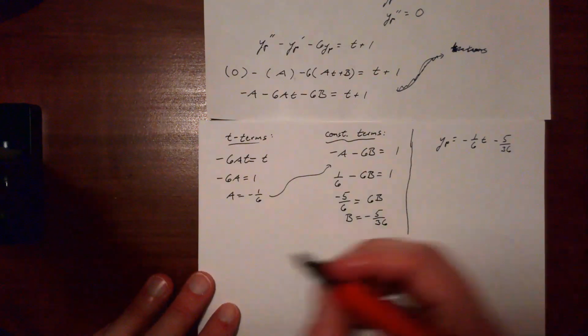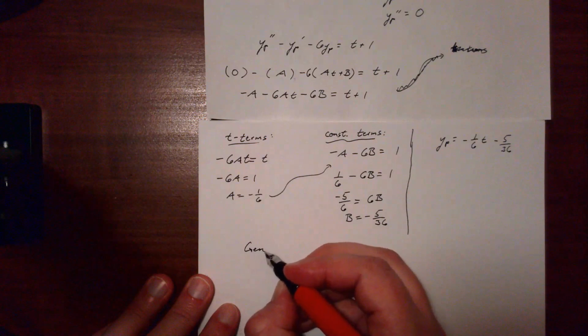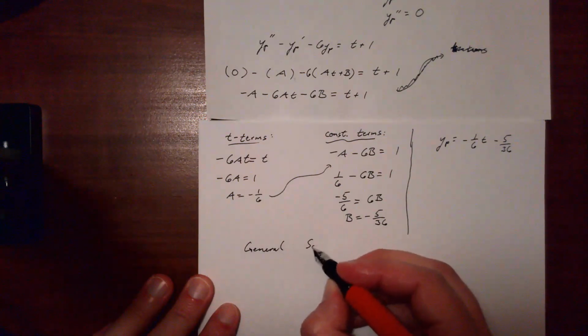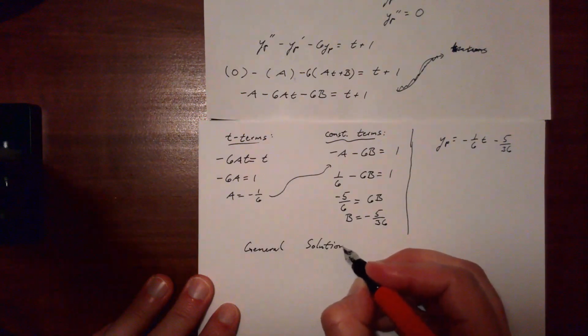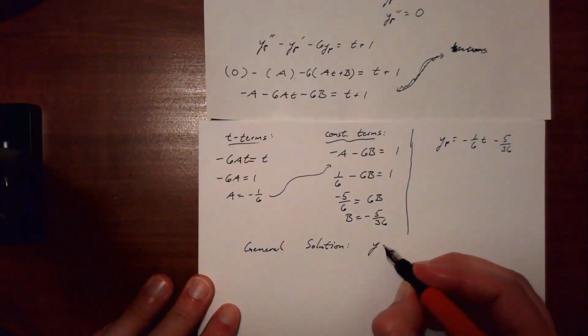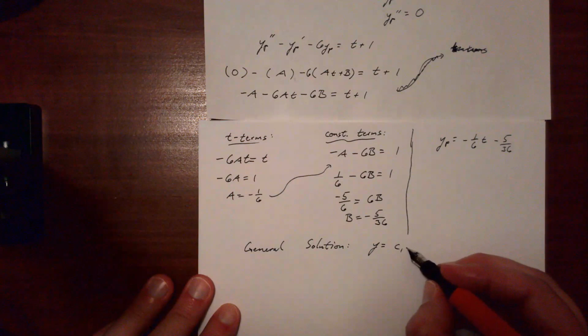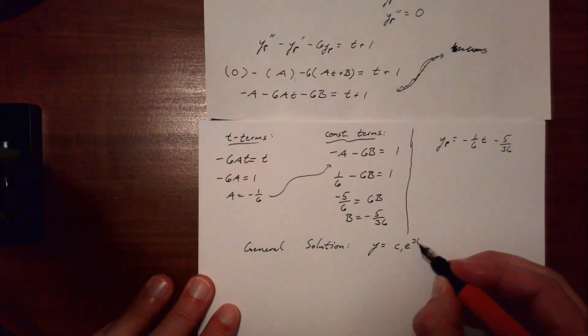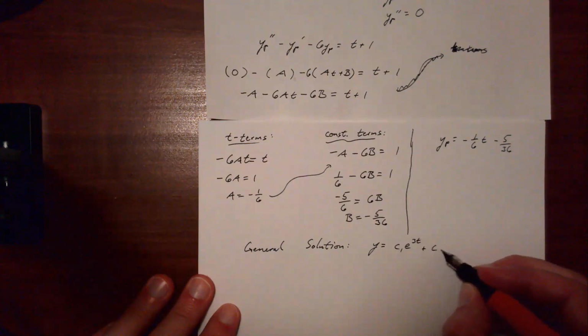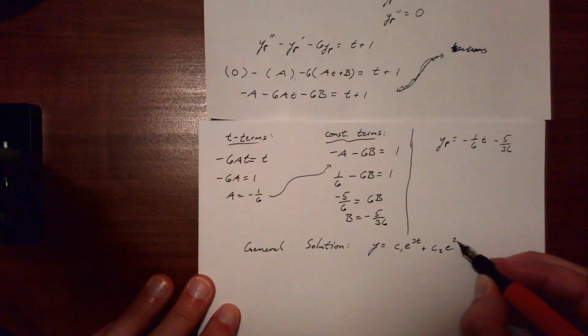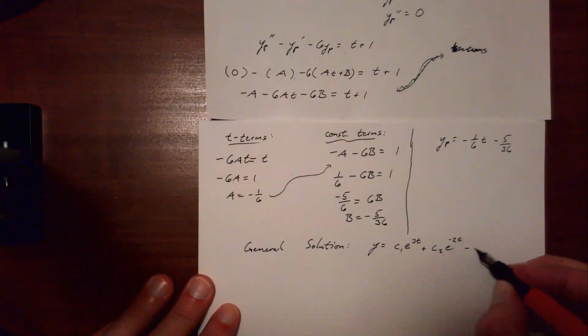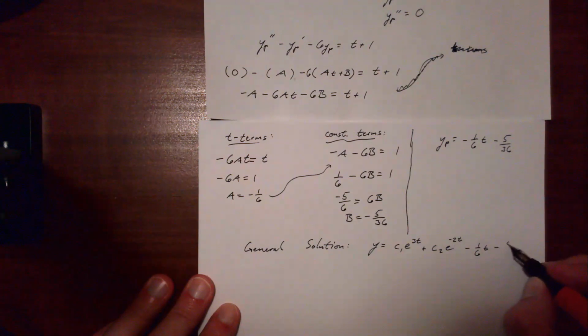So then our general solution y equals c1 e to the 3t plus c2 e to the negative 2t minus 1/6 t minus 5/36.